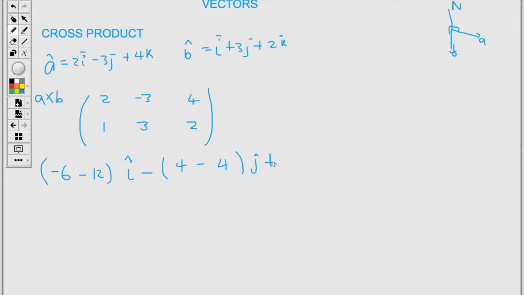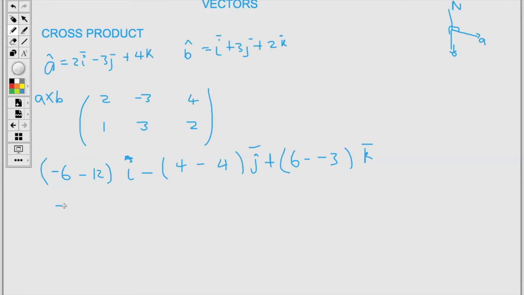Now we'll have a plus, and the values that we have will be the coefficient of k. So eliminating this last column, this is what we'll have. 2 times 3, that gives me 6, minus -3 times 1, that's -3.